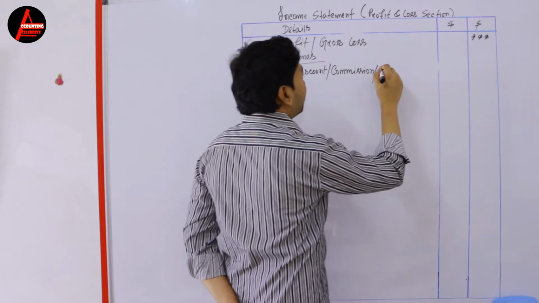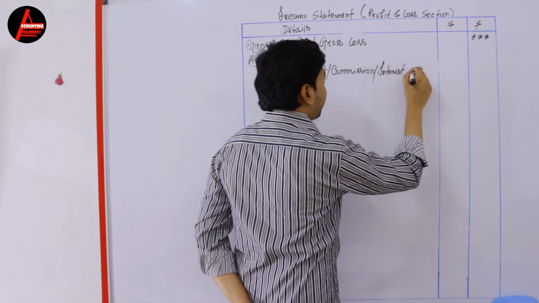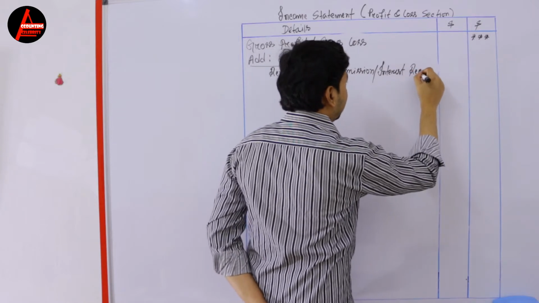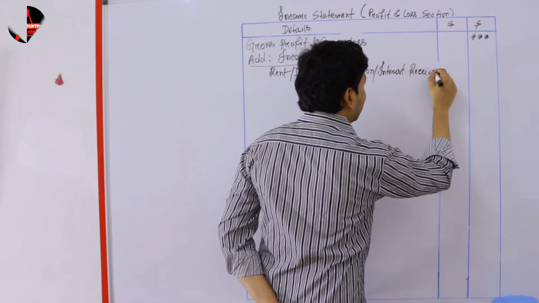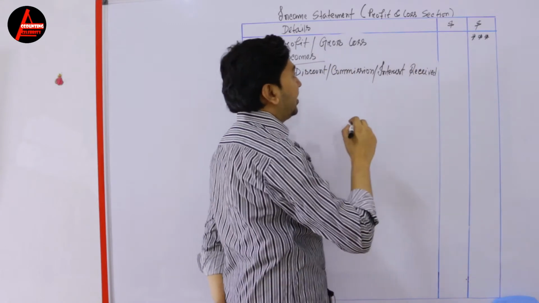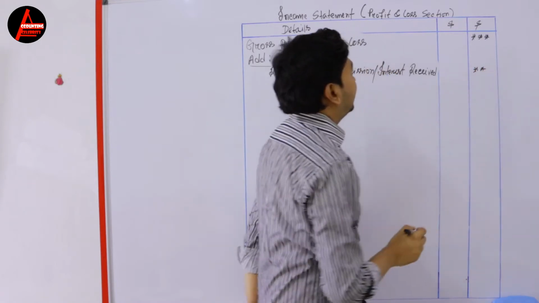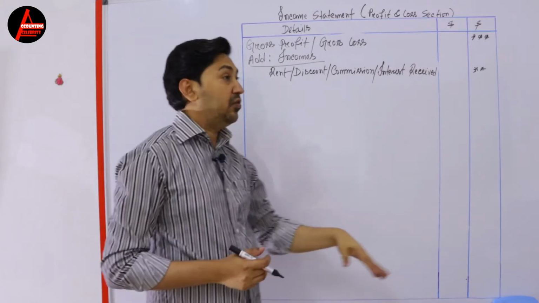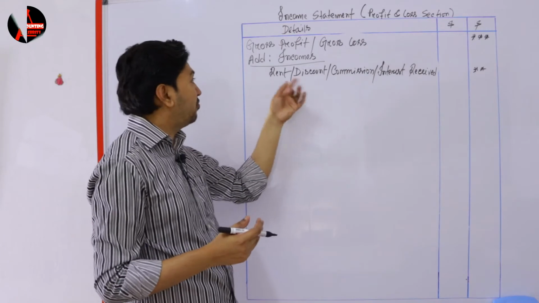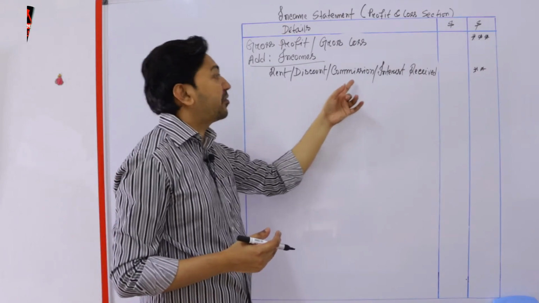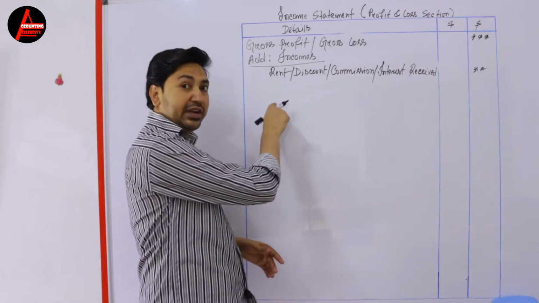You have interest receipt. If you have these items, you write them here in the last column. You may have only one item, only rent or only discount, or two items, discount and rent, maybe commission receipt. If you have two or three items, then you have to write them vertically here.